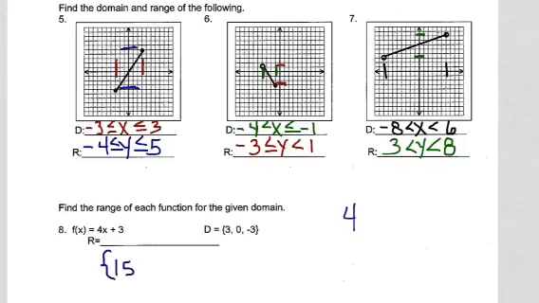Then we have 4 times 0 plus 3. So that's 0 plus 3, which equals 3. So our next number for our range is 3.